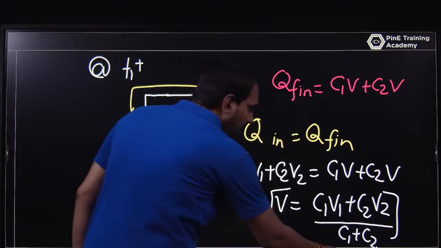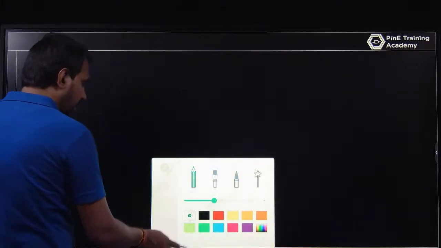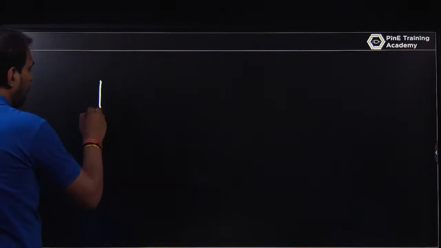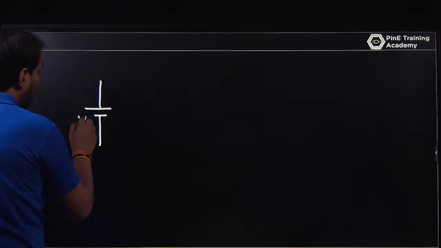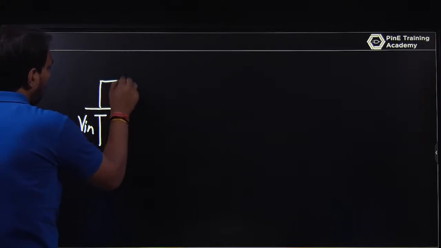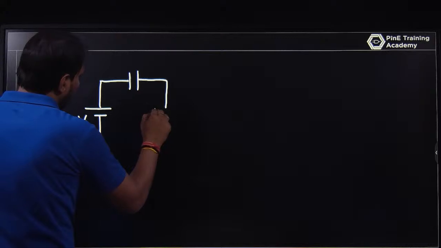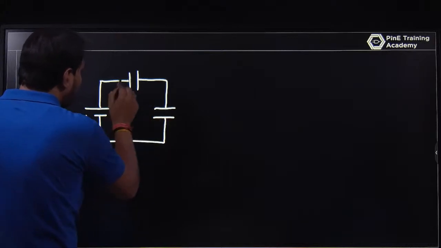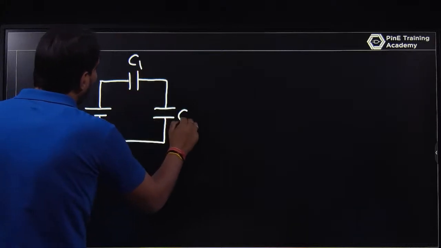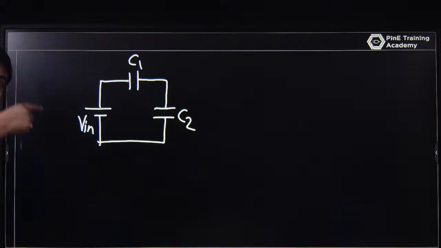Let's talk about another circuit. You have the input voltage here, and you have two capacitors, and now this capacitor C1 and C2 are connected in series. In the previous case they were in parallel, now they are in series.